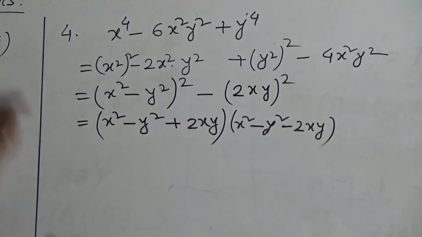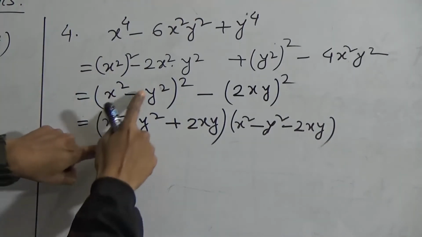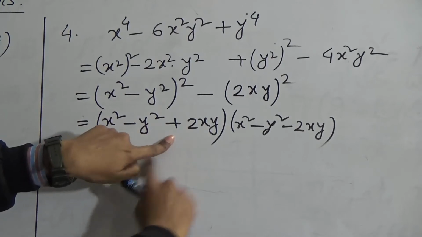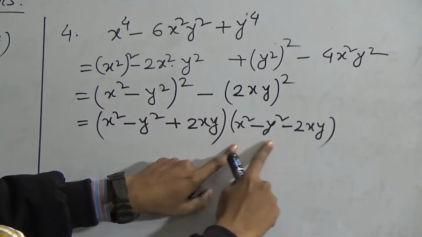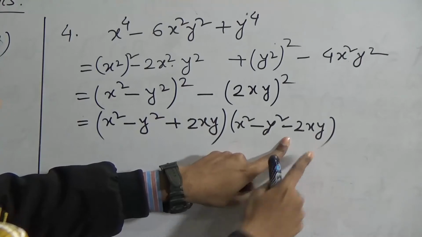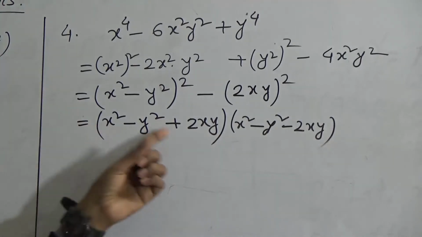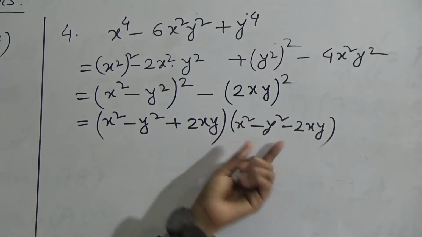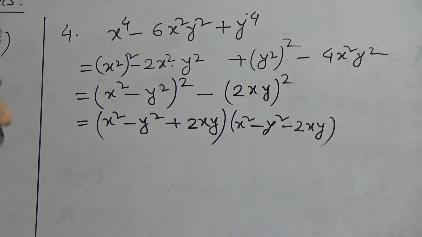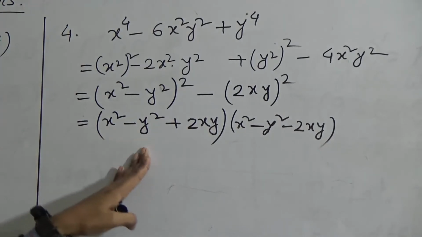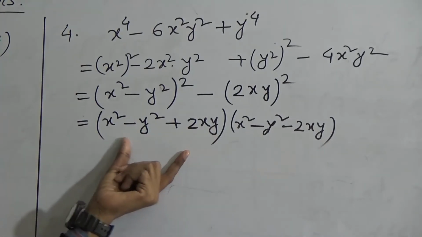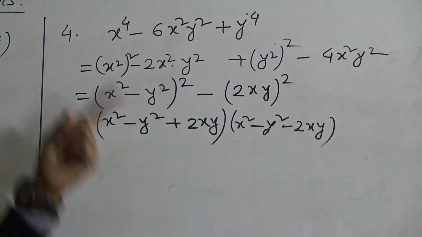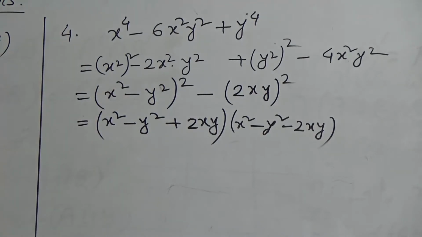Student, look here. X square minus y square plus 2xy, x square minus y square minus 2xy. Okay, that means a plus b into a minus b. Okay, this is our required result. You see, this factor and this factor are in product form. Okay, so this is our required product.